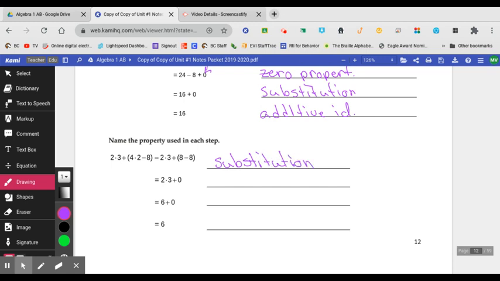Then I did 8 minus 8 and got 0, which is our additive inverse. Then 2 times 3 is substitution. And then 6 plus 0 is 6, which is our additive identity.